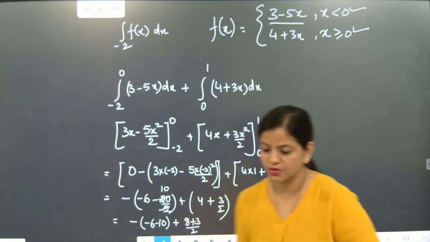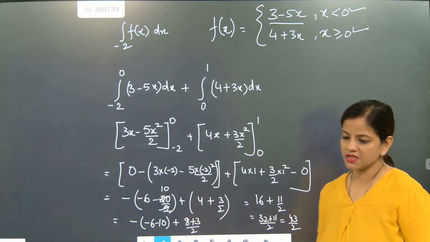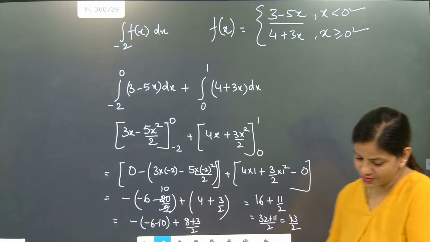Absolutely, very good, Kishore. This is what I was expecting. So 43 by 2, before me you got the answer.